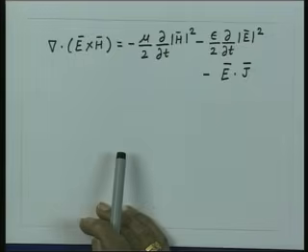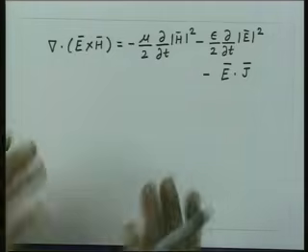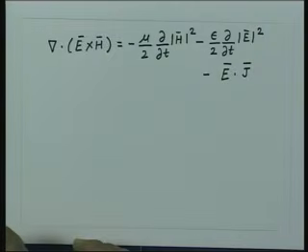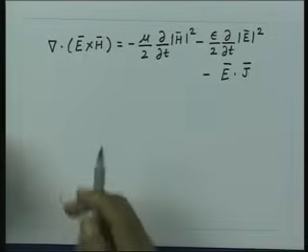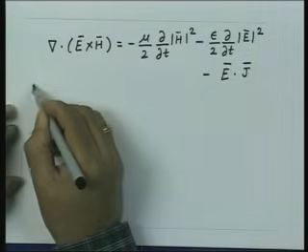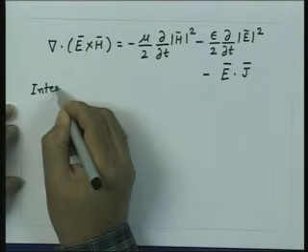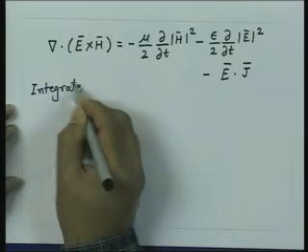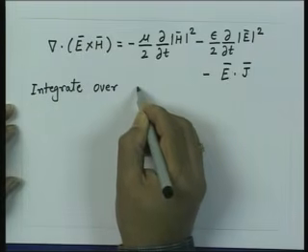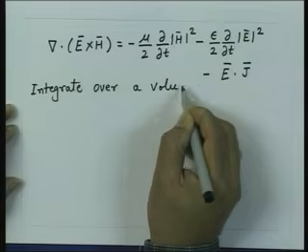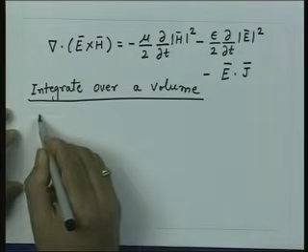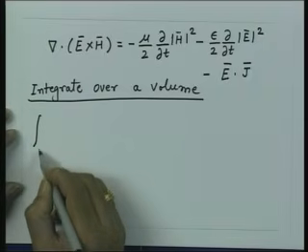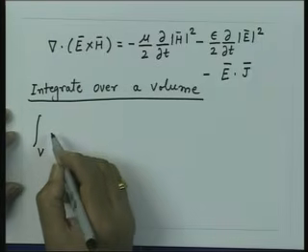Now, what we can do is we can integrate this quantity over a closed surface or over a volume, and then we will have some meaning associated with these quantities. So, let us say if I integrate this over a volume, basically this is a triple integral integrated over a volume.